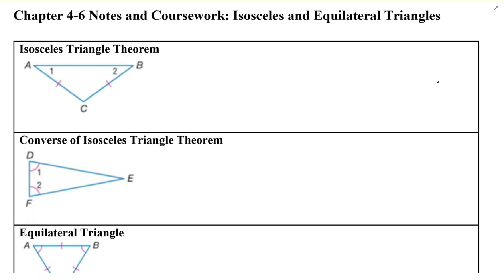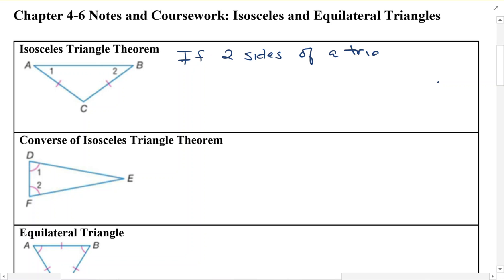Chapter 4.6 covers isosceles and equilateral triangles. The isosceles triangle theorem states that if two sides of a triangle are congruent, then the angles opposite are congruent.